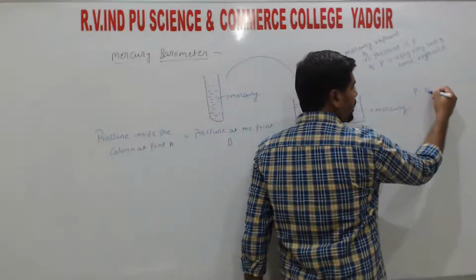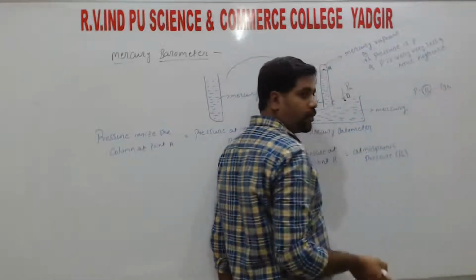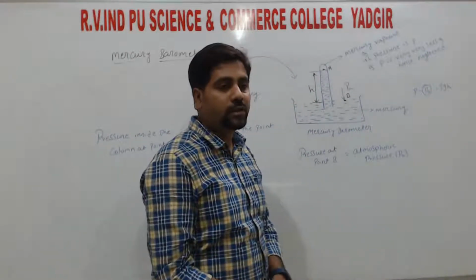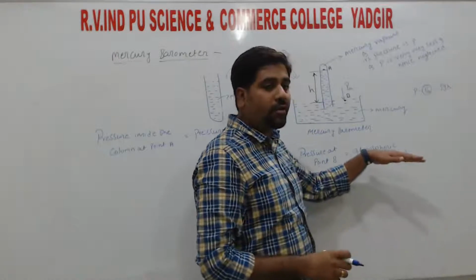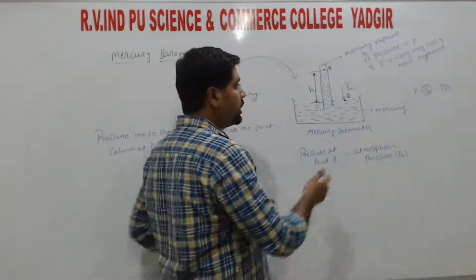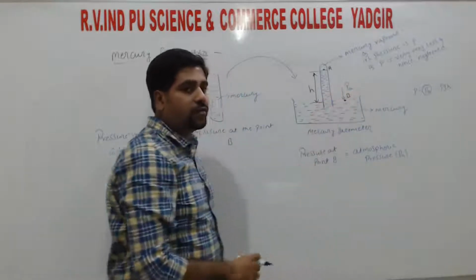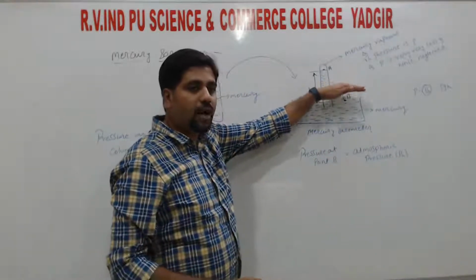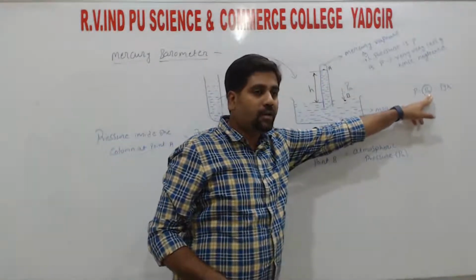P minus PA is equal to rho g H. PA is the atmospheric pressure. When do we get atmospheric pressure? When the top surface of the liquid column is equal to the surface of the liquid. Here the second point B that we considered is at the surface of the liquid. After the liquid comes the atmosphere, so that pressure we take as the atmospheric pressure PA, right?